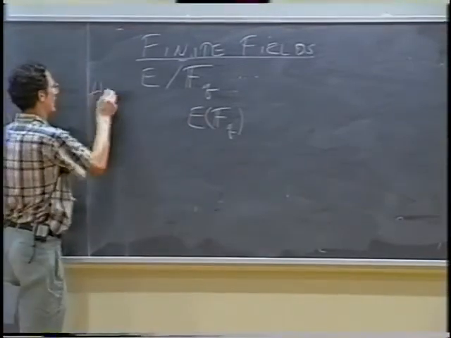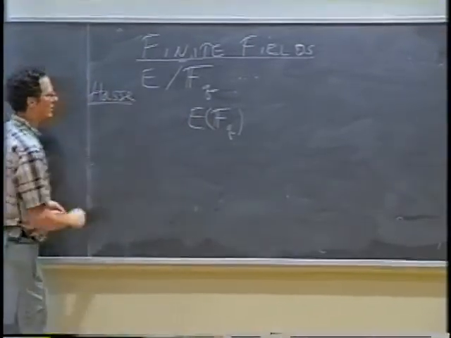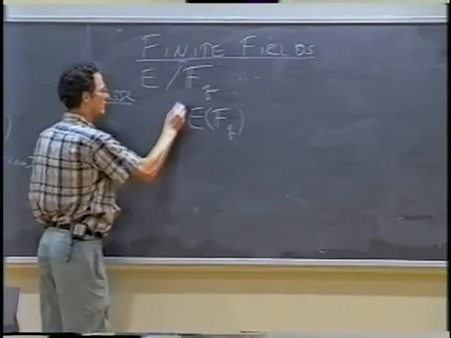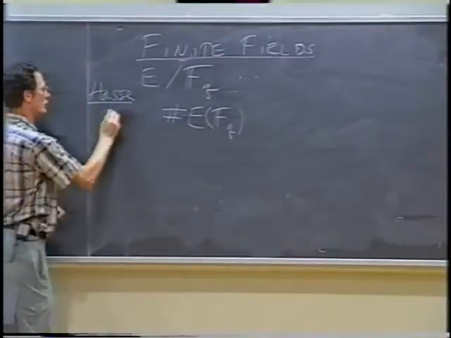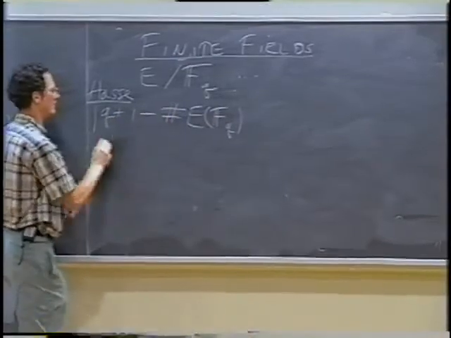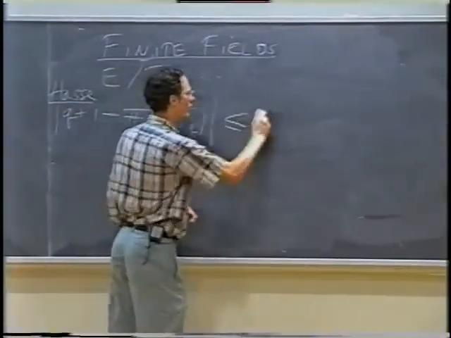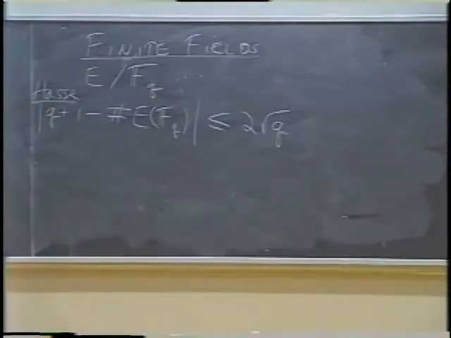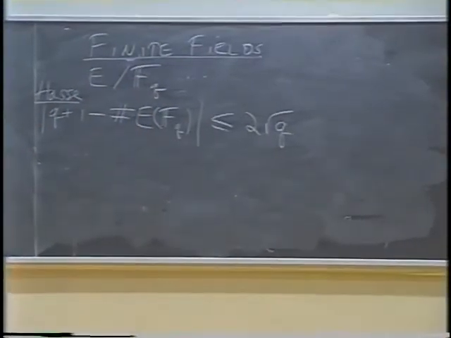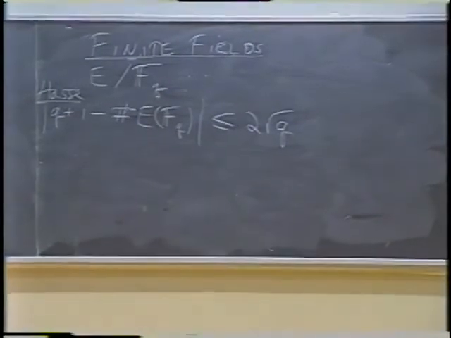And for that, there's the estimate due to Hasse, which says that the number of elements in this group is more or less q plus 1. So q plus 1 minus that has a smaller order of magnitude, namely less than or equal to twice the square root of q. And that's very useful for various things.